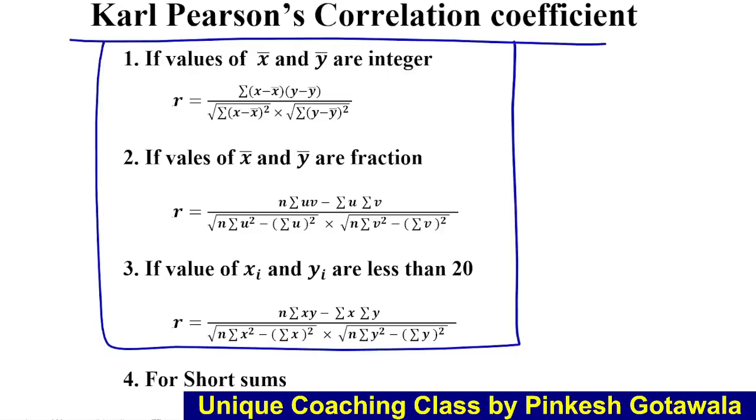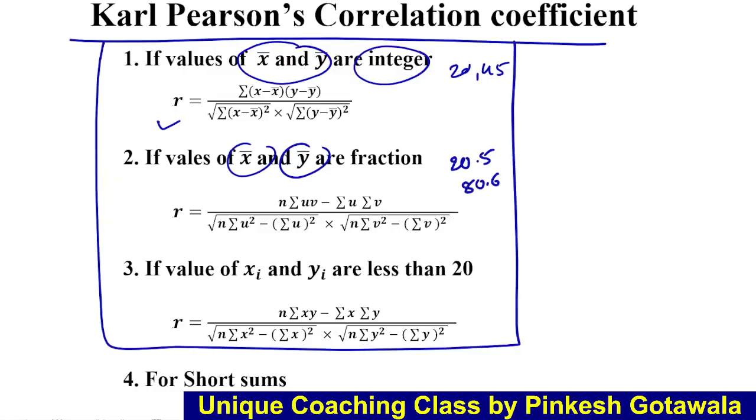If x bar and y bar are integers, like 20, 45, then we go with the first formula. If any one of x bar or y bar is fractional, like 20.5, 80.6, whatever, then we go with the second formula. And third, if the values of xi and yi are less than 20, then the third formula.